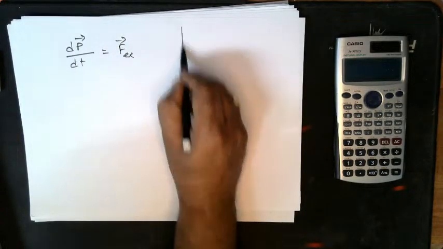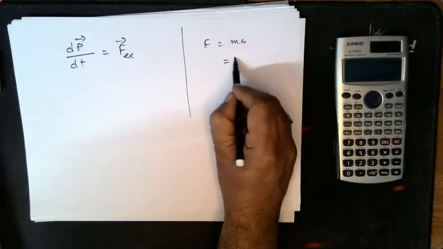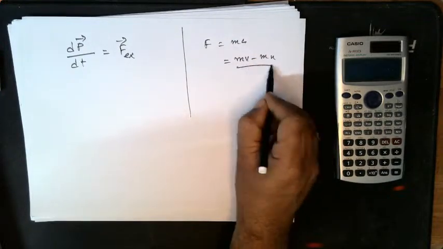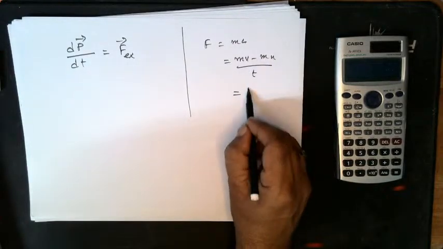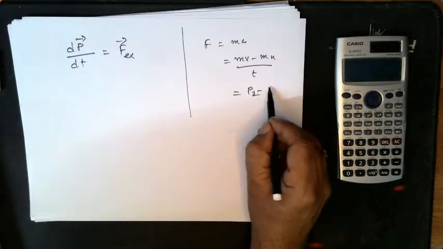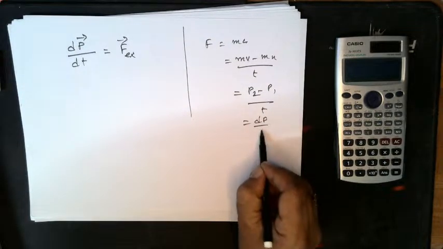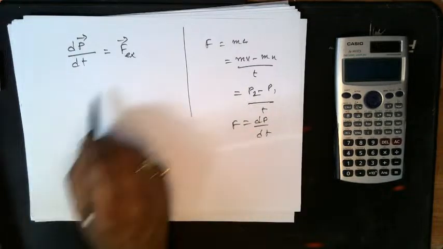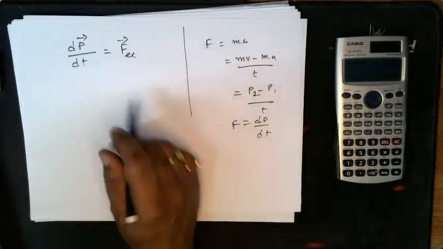What is ma? mv minus mu, change of momentum in a given time, correct? That is P2 minus P1 divided by t, which is nothing but dP by dt, is it not? So that is equal to F. And that is why in this case dP by dt is equal to F external.